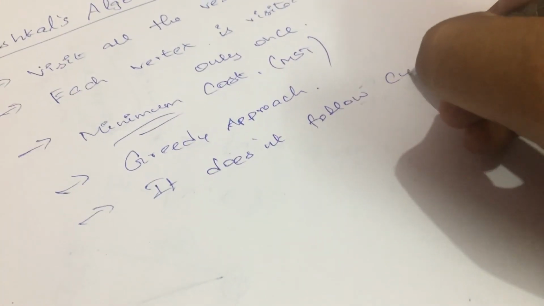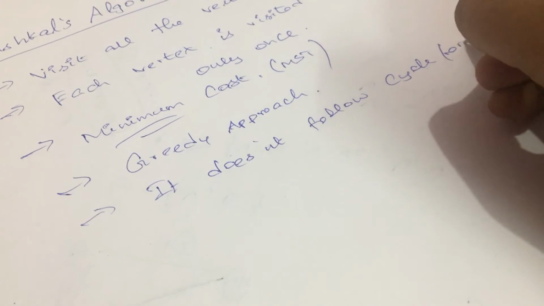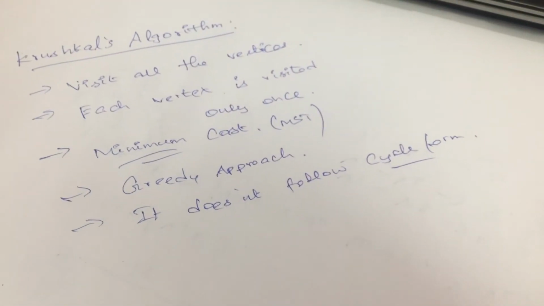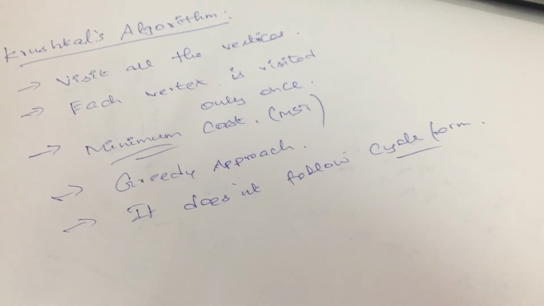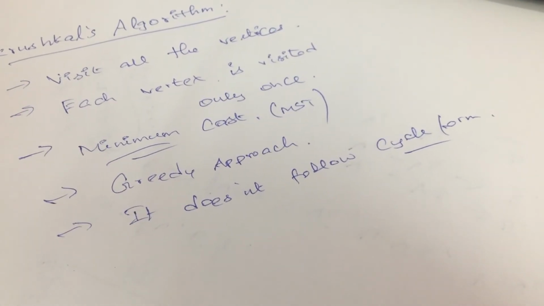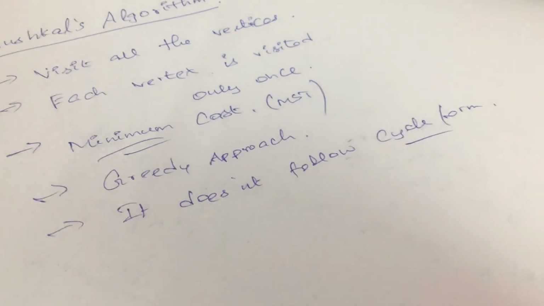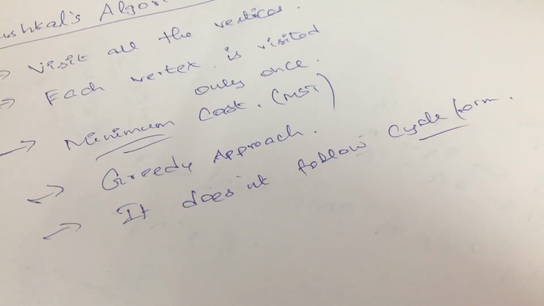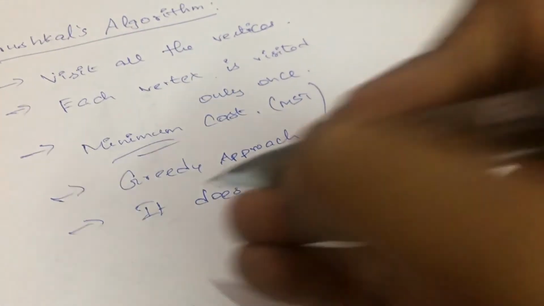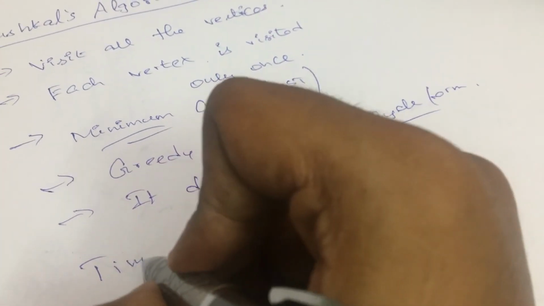That's the most important thing to note about Kruskal's algorithm. If it forms a cycle, it means the same node will be visited a second time, so the algorithm is implemented in a way that it doesn't form any cycle at any cost.